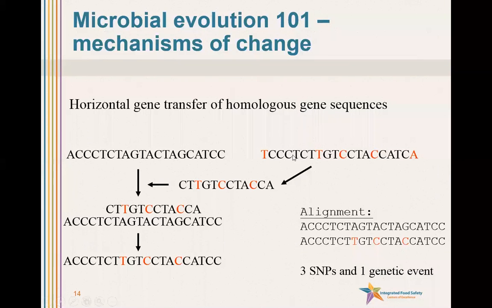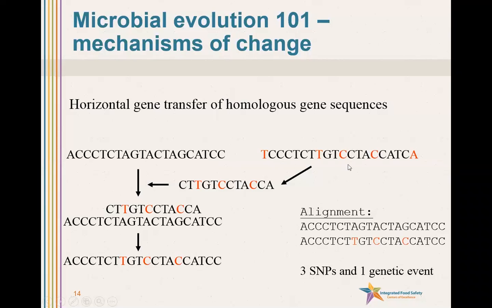The one event that becomes more challenging as we interpret DNA sequence data is horizontal gene transfer of homologous gene sequences. What that means is, when we look on the left side, we have one bacterium. It has a gene with a certain sequence, shown in black.